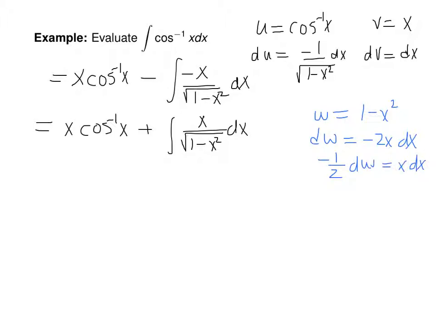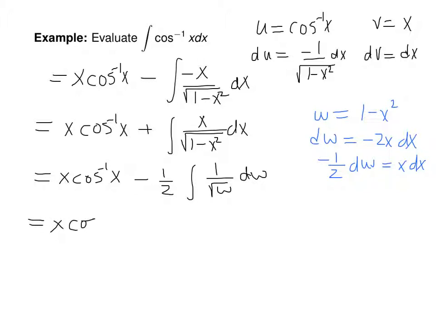So that gives us x cosine inverse of x minus 1/2 times the integral of 1 over root w. So 1 over root w is w to the negative 1/2 power, and you apply the reverse power rule.